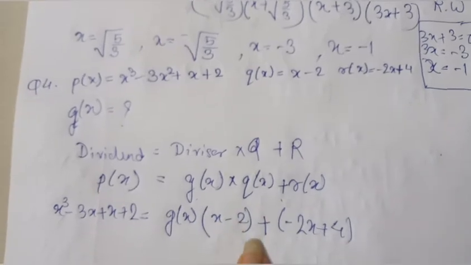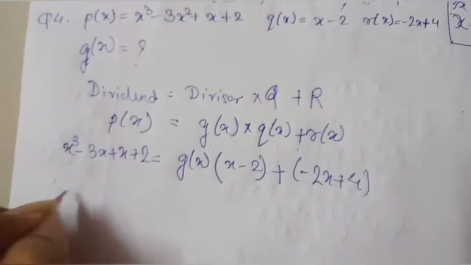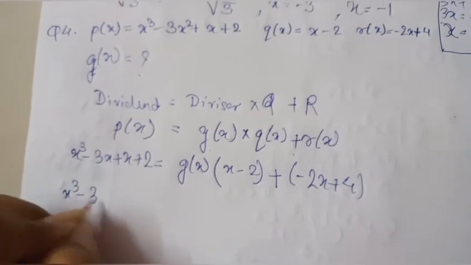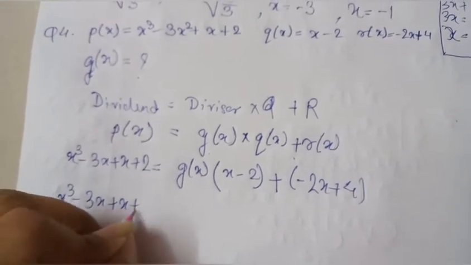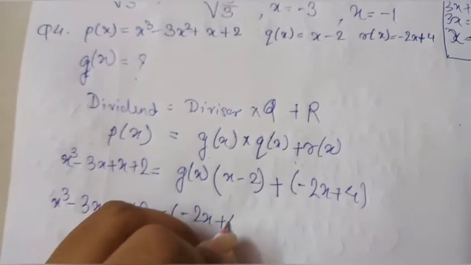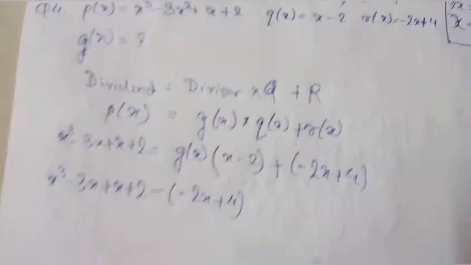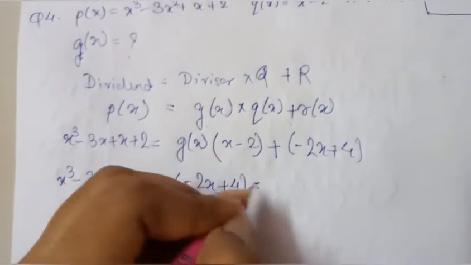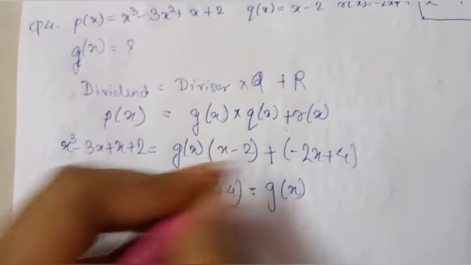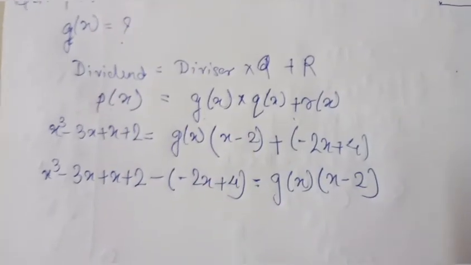Now it is in plus here. We'll take it this side and it will become negative. So x cube minus 3x square plus x plus 2 minus of (minus 2x plus 4). As the complete bracket was positive here, we made it negative here. Equal to, it will remain g(x) into x minus 2.